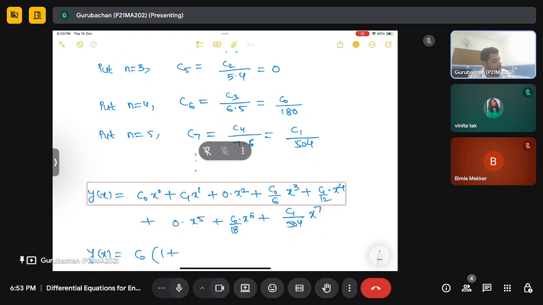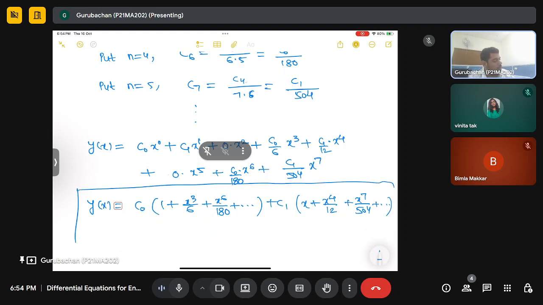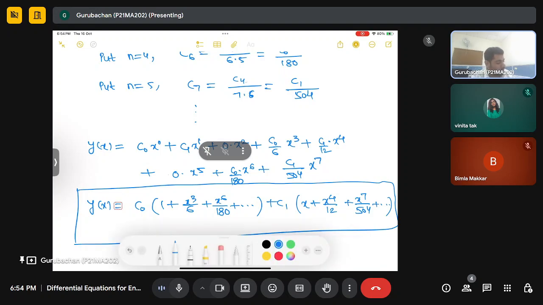So your series will become c naught times 1 plus x cube by 6, plus x to the power 6 by 180, and the next series will be c1 times x plus x to the power 4 by 12, plus x to the power 7 by 504, and so on. So this is your power series solution.